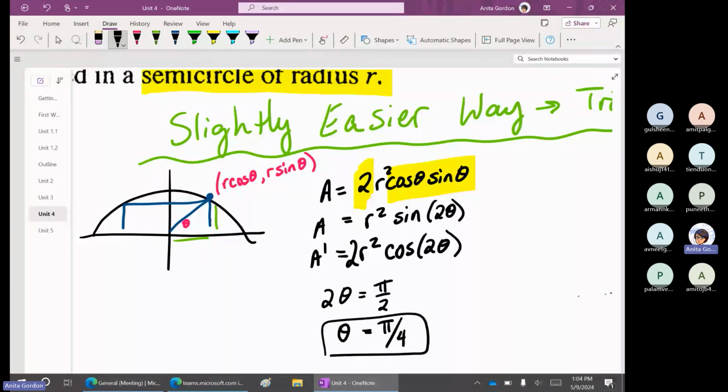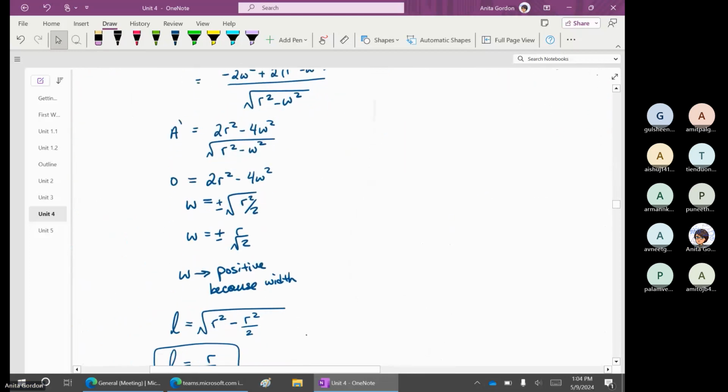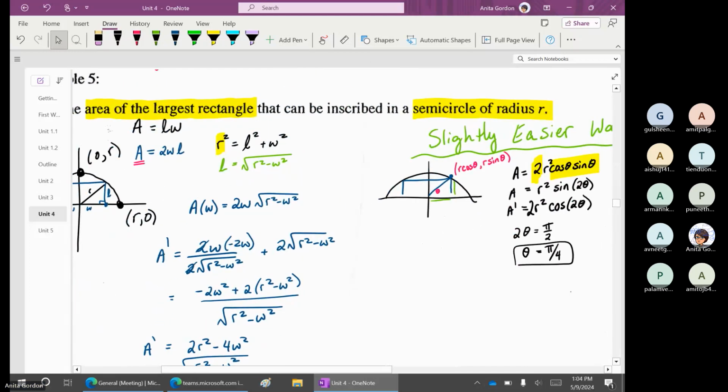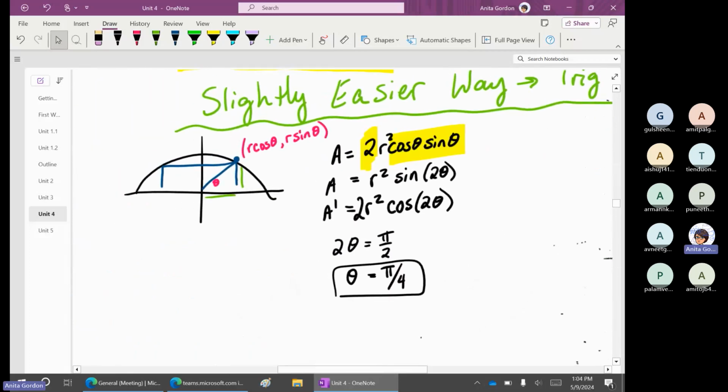Hey, look, that's 45 degrees. I'm done. Look at that, cute little 4 lines, right? Compared to all that. Right? And then you guys know how to do, right? Sine and cosine are going to be the same value at pi by 4.